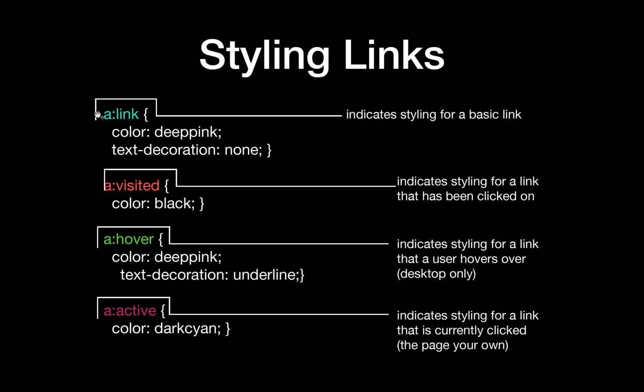But you will almost always have at least the A link selector that will style what your links look like throughout your site. Okay, so again, demo, we'll talk more about styling links in class. And that is, you guys, just thinking about basic CSS and jumping off from there.